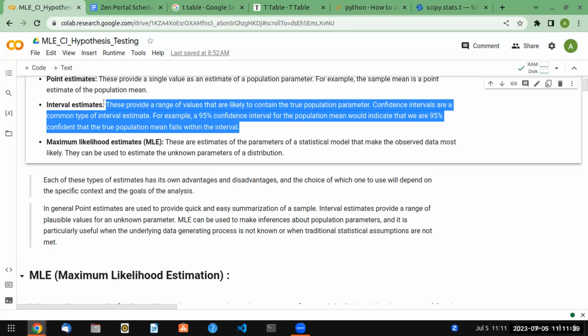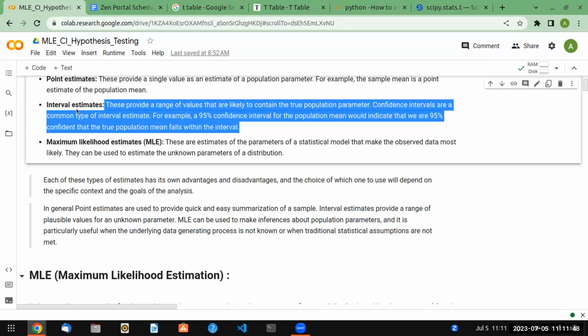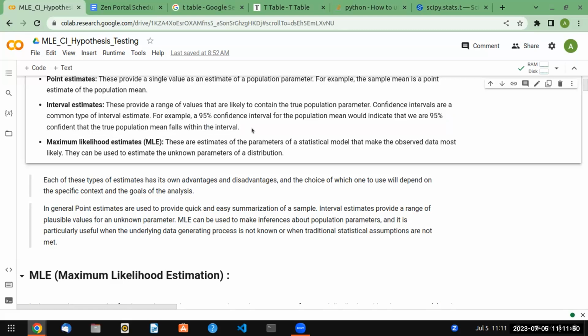Whether your population distribution is following a normal distribution or exponential distribution, we are not considering that. How do we calculate the confidence interval? Did we do something like normal distribution or exponential distribution stuff? No, we only use the sample. We use the sample sigma and mu, the critical value, plus minus, right? We are not bothered about the distribution.